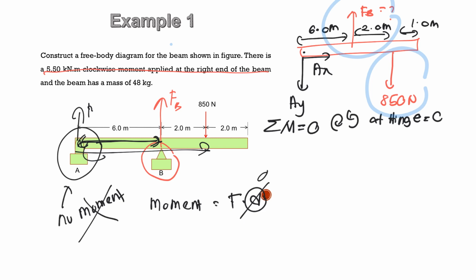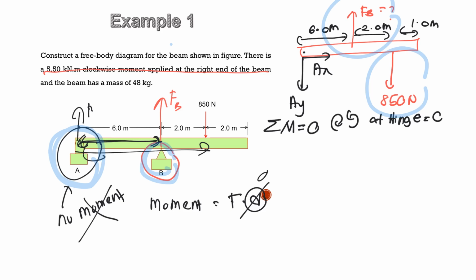The question asks you to find the value of B and the value of A to make sure that this beam is in equilibrium.